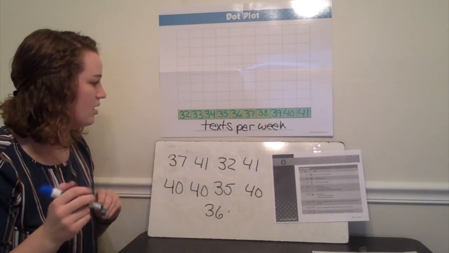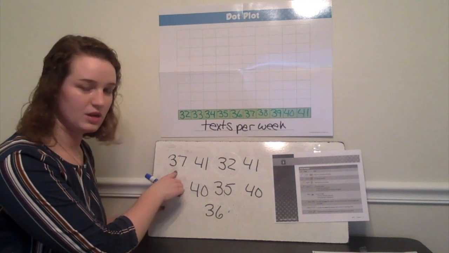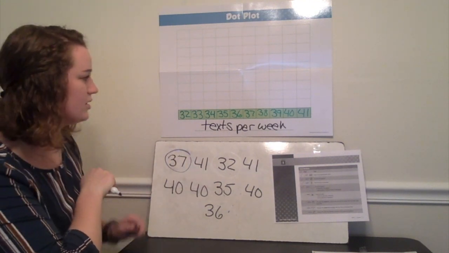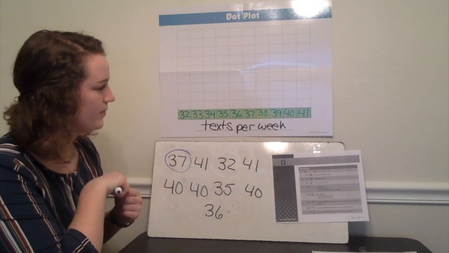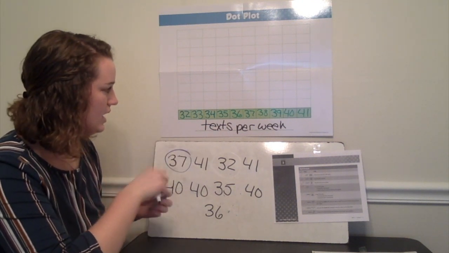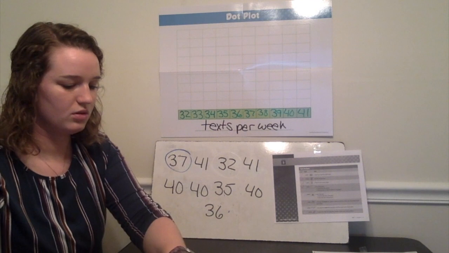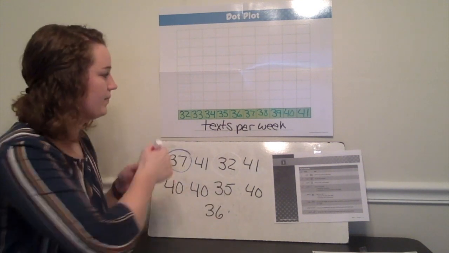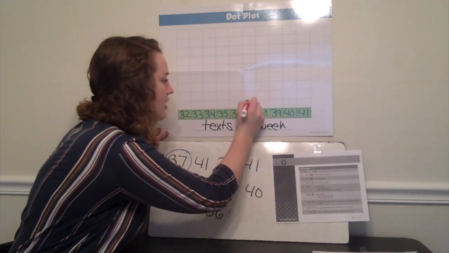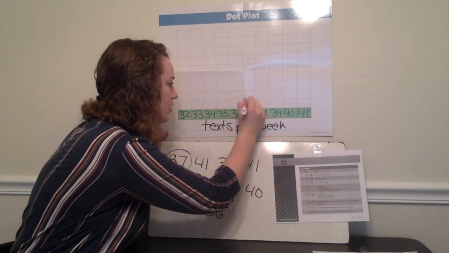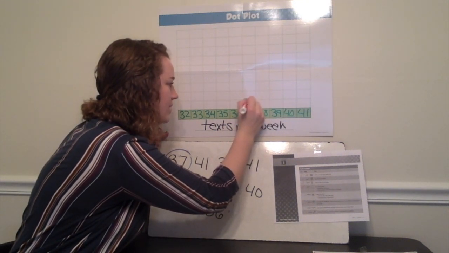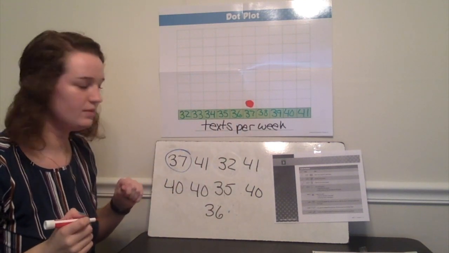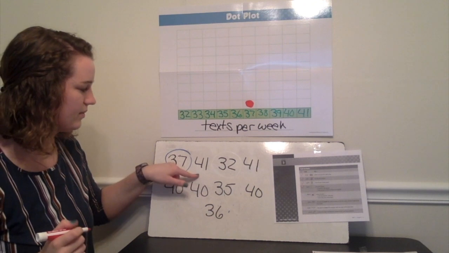All right, so our first number here is 37. So go ahead and find 37 on here. And we're going to draw a circle, or you're going to use your dot marker and make a big dot right above 37, right in that square, okay? So we have 37. What's our next number here?